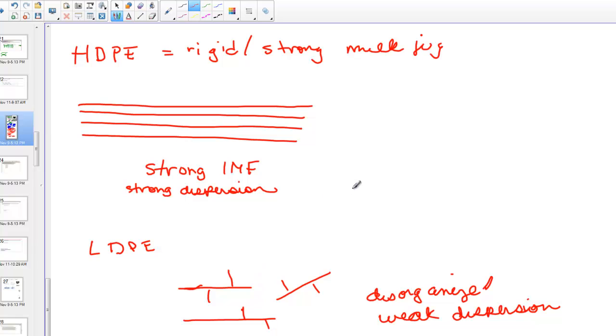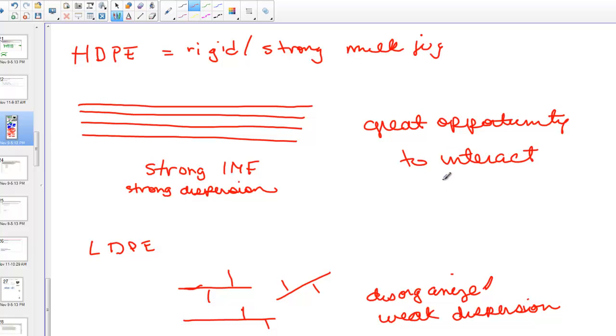High-density polyethylene has strong dispersion forces because of their straight chain. They have a great opportunity to interact between molecules, and therefore they have a very strong attraction to one another, a very rigid structure.